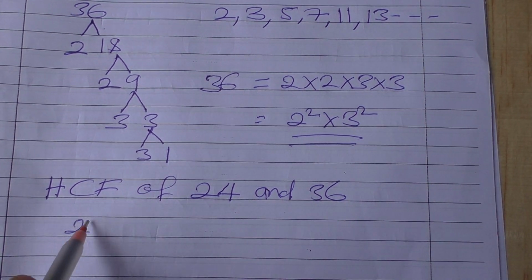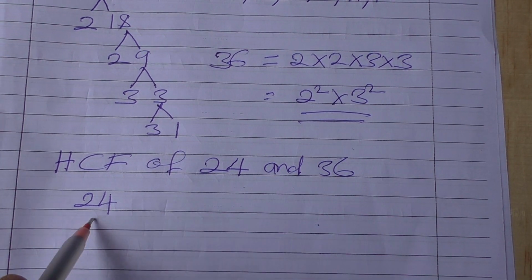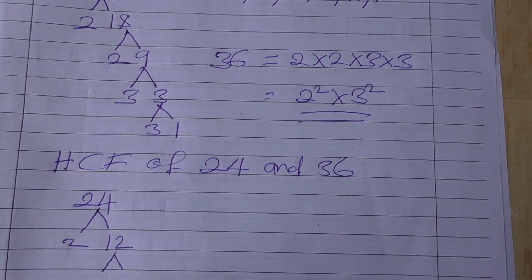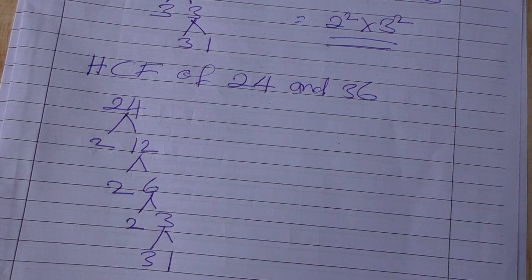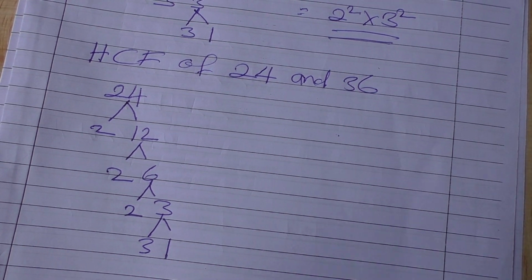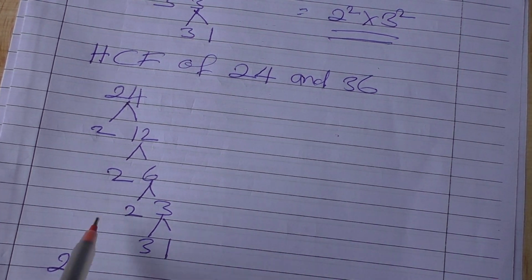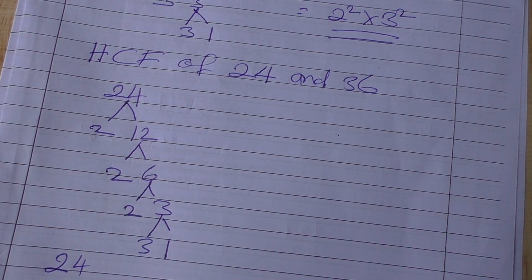We shall decompose 24 by 2, 12, by 2, 6, by 2, 3, and by 3, 1. That is 24 equals the product of the prime factors.